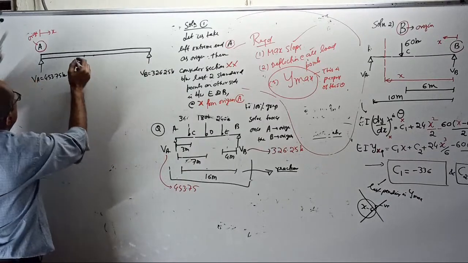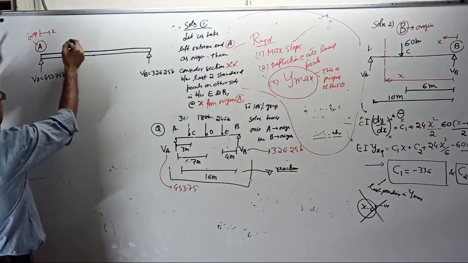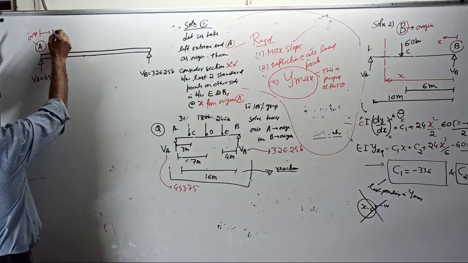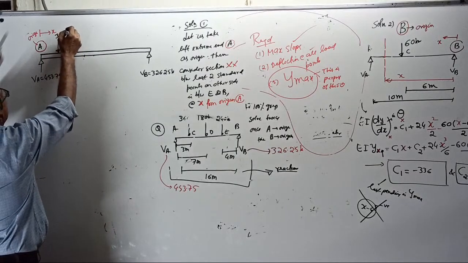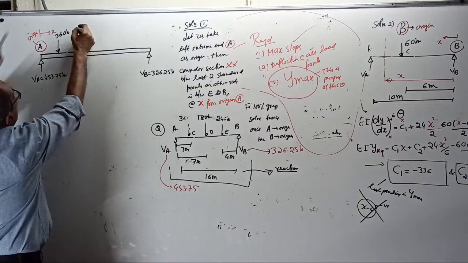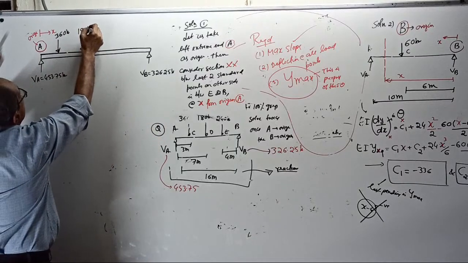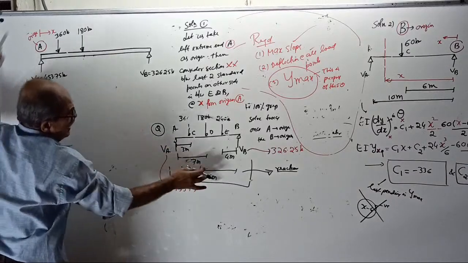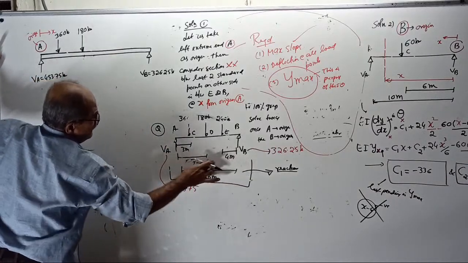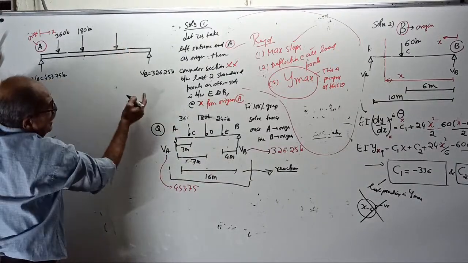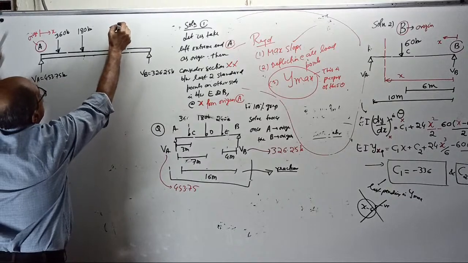Okay, now in this 7 meter here, one point load here, somewhat scale 360 kilonewton. One more point load here, 180 kilonewton. One more point load somewhere, this is actually 9 meter, remember, this is 9 meter. So here, one more point load here, 240 kilonewton.